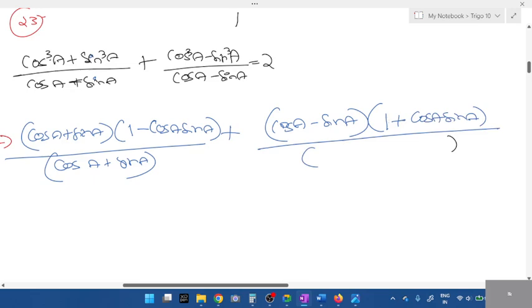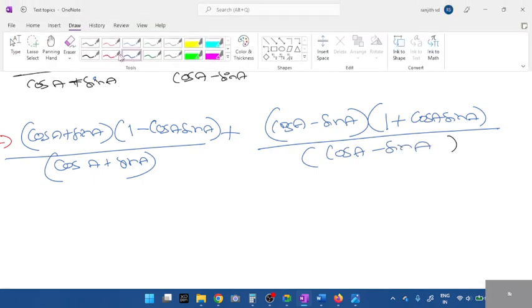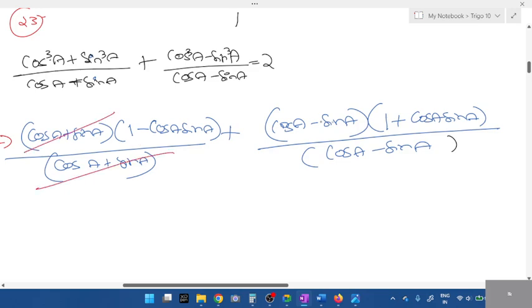Even in the exam, you can write it directly. Okay. So we know that sin square A plus cos square A is 1. You can just write it directly. Anyways, it is going to get cancelled like this. Correct. 1 plus. Yeah.